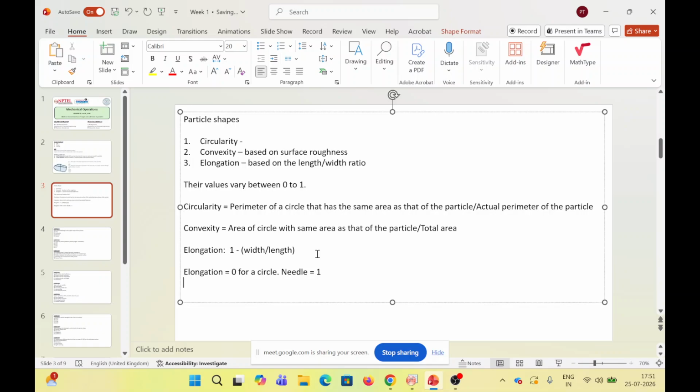Now, apart from that, we also have to understand certain other characteristics, or parameters, such as specific surface area, then sphericity, and then volume shape factor.